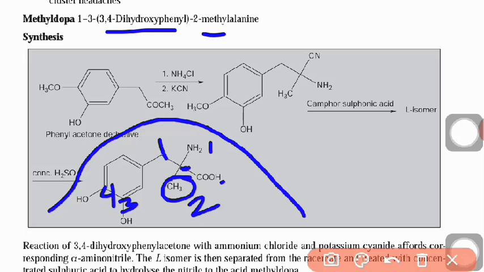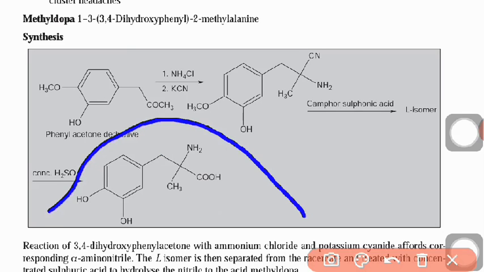So the first position is having 3,4 dihydroxyphenyl alanine. Sometimes it is also called tyrosine. As per your previous name, it is called tyrosine.